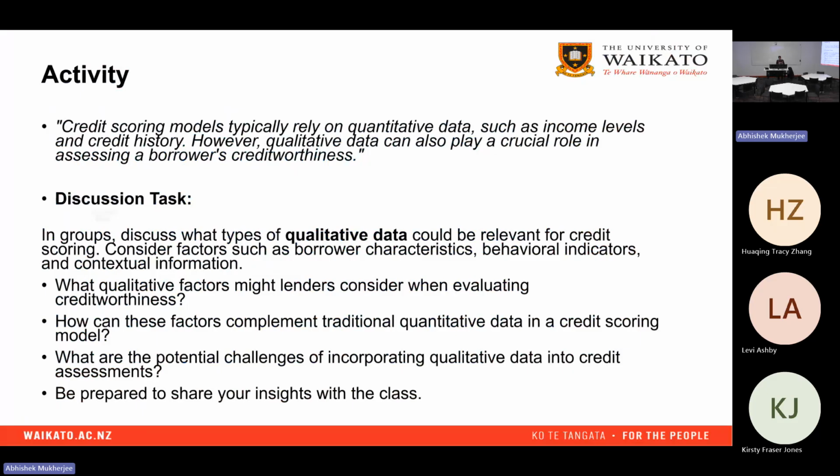Am I really aware of my finances? Am I really responsible with my finances? These patterns are not included at the moment in credit scoring, and including them could lead to a better credit score. But what are the issues of including this data? Like you said, the criminal history. Can you think of an issue of including criminal history in the credit scoring system?